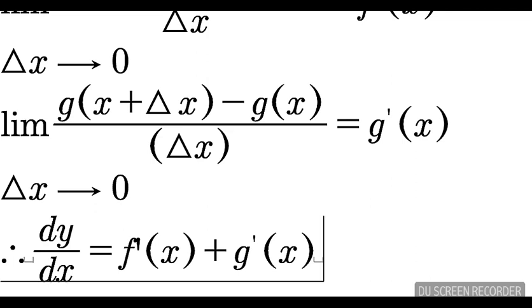Suppose it is the difference, we shall have f prime of x minus g prime of x. In the next program, I shall show the way we do it when the sign is negative, but it is still the same way, nothing to add, nothing to remove.